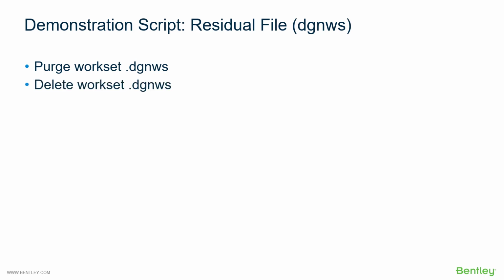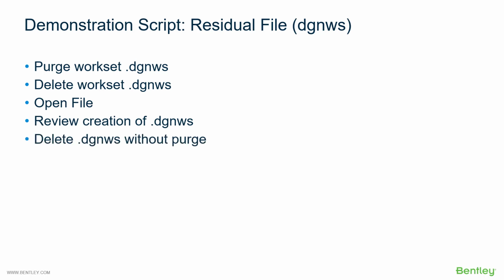Let's then look at an example of how this affects the DGNWS process. So what we're going to do is purge our workset DGNWS. We're going to delete the DGNWS, open a file, and review the creation of the DGNWS and how that works in ProjectWise.